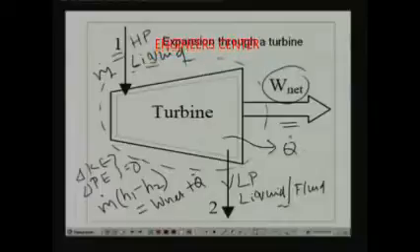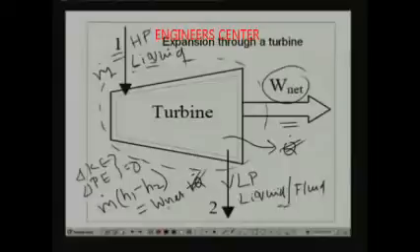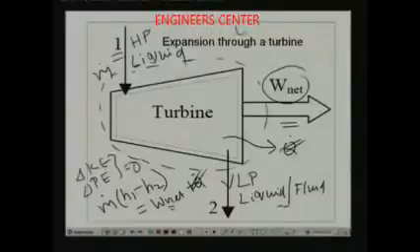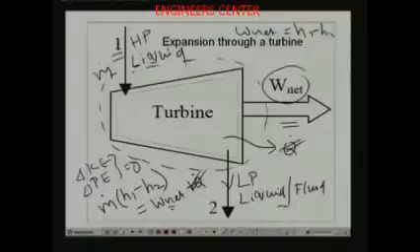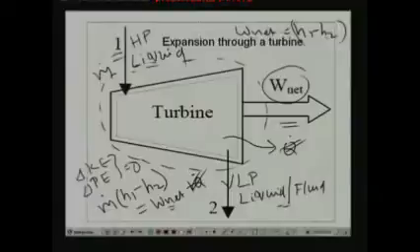If the turbine is adiabatic, then Q becomes 0, and W net is simply equal to m dot times (H1 minus H2), or the specific work w net is equal to H1 minus H2, which is nothing but the difference in enthalpies between the inlet and the outlet. Since W net is greater than 0, H1 will be greater than H2.